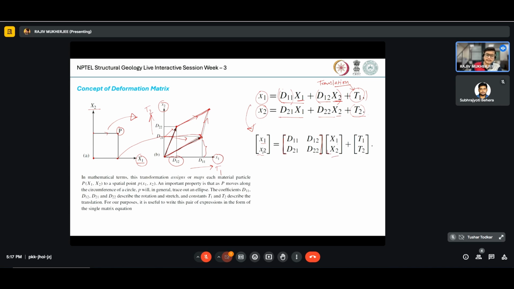So this is the spatial matrix, and this is the material matrix.